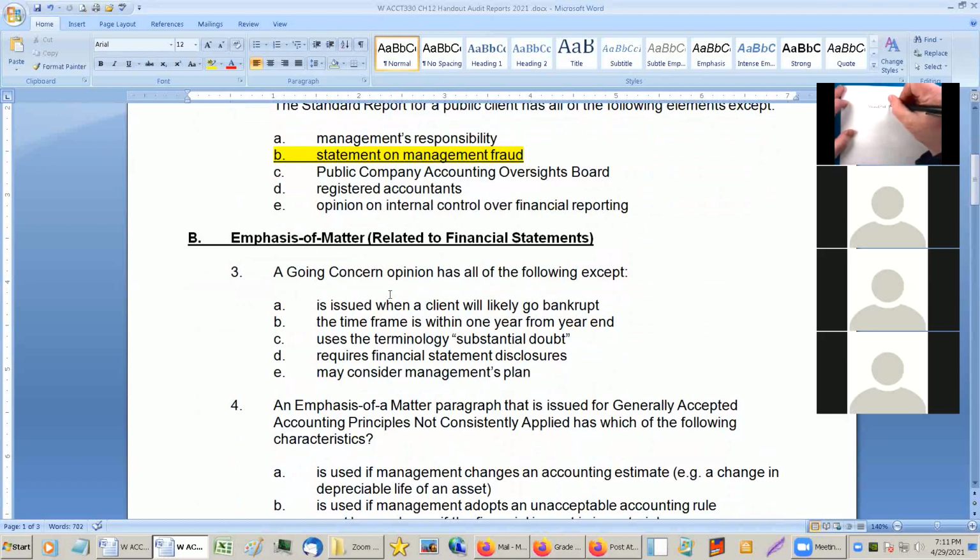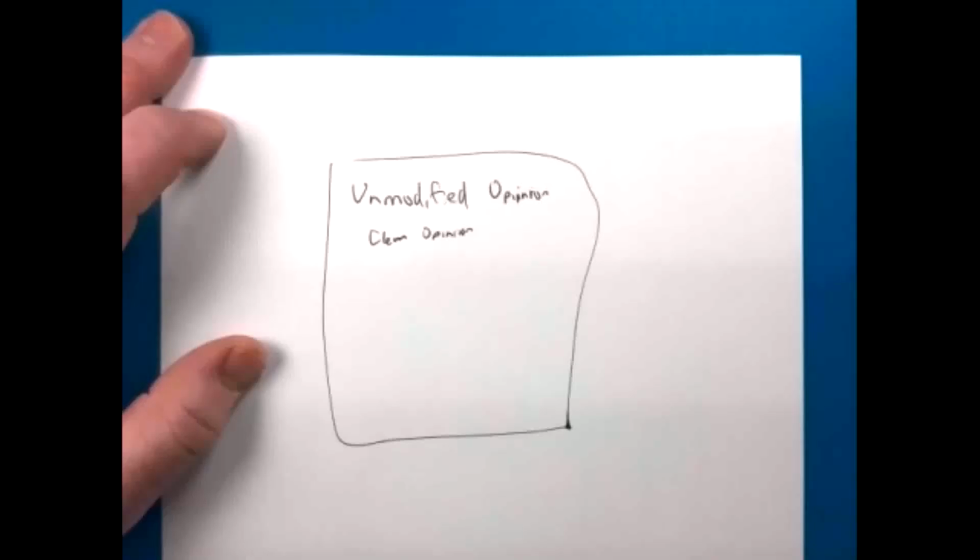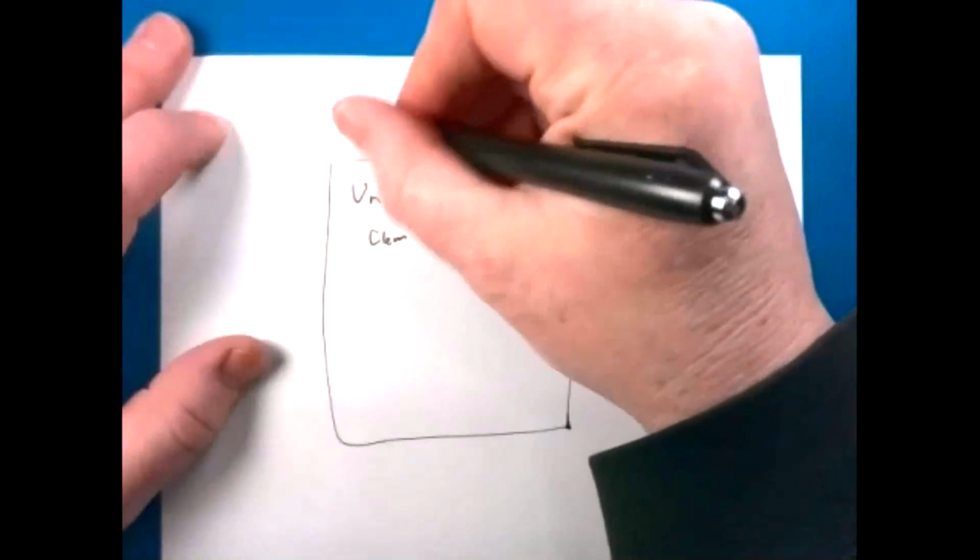So you have the unmodified opinion, which is a clean one. So here's that part of the report, the audit report.